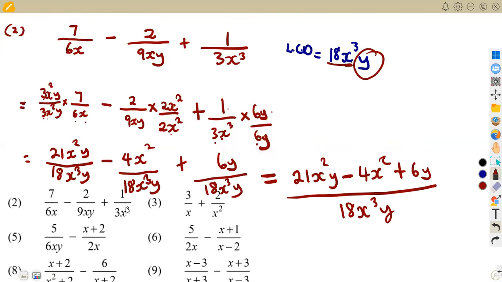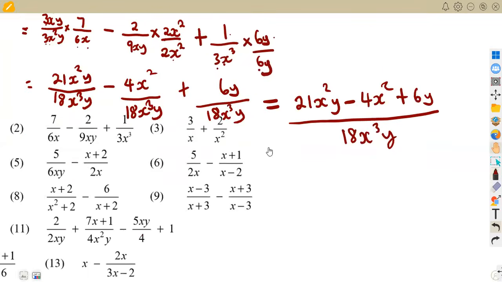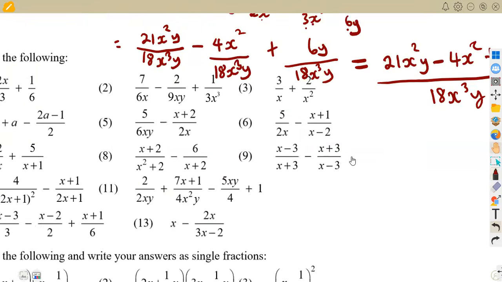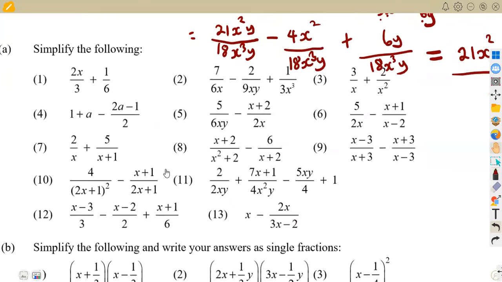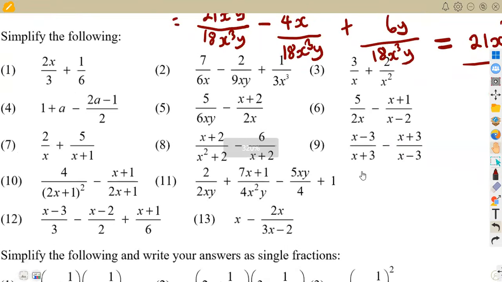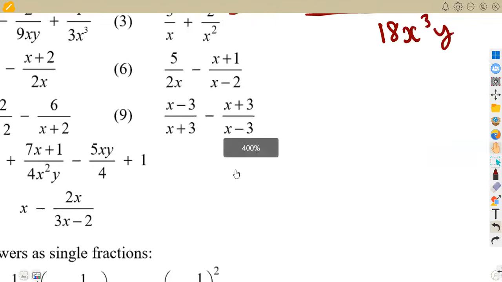I hope we are together on this method. But if not, then we can use the first one, which is like our traditional way of adding or subtracting our fractions. This can be used in any type of fraction, whether they are already in simplest form, in terms of x, the variables, whatever you have.